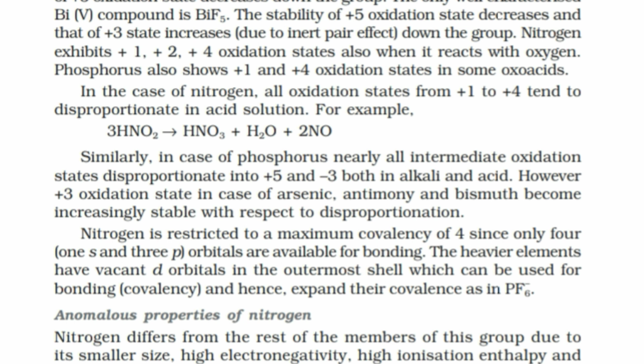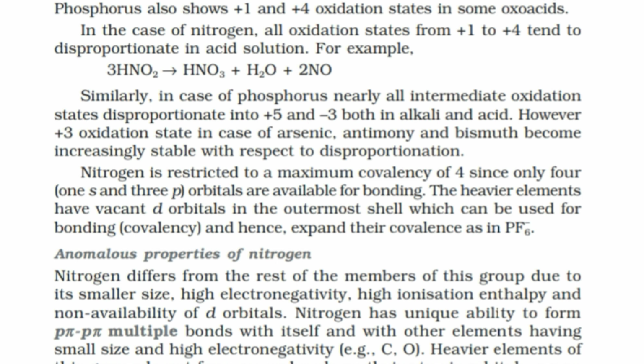Similarly, in case of phosphorus, nearly all intermediate oxidation states disproportionate into +5 and -3 both in alkali and acid. However, +3 oxidation state in case of arsenic, antimony and bismuth becomes increasingly stable with respect to disproportionation.